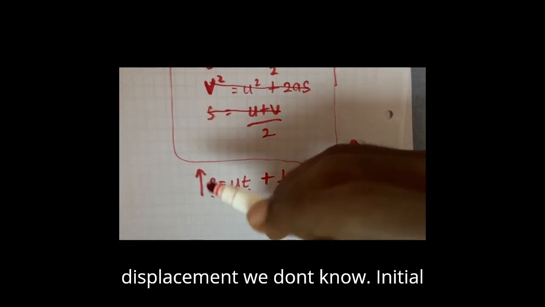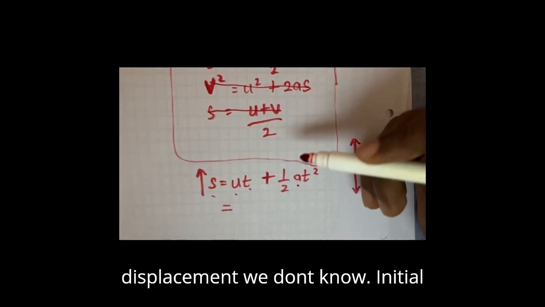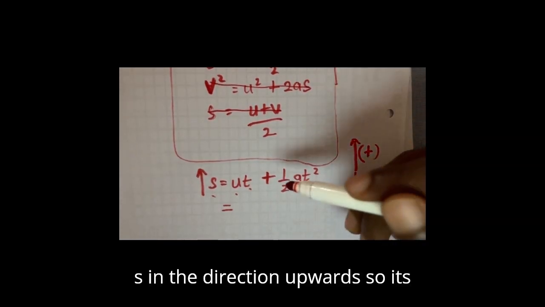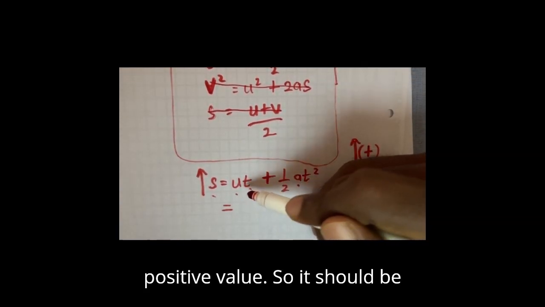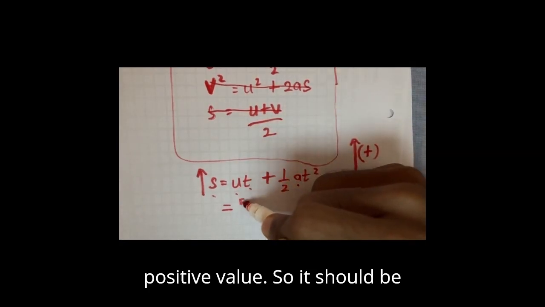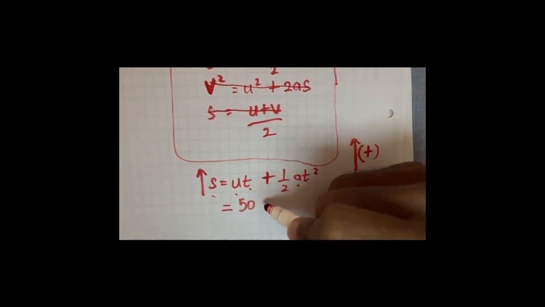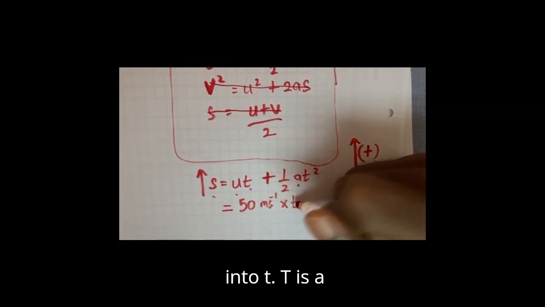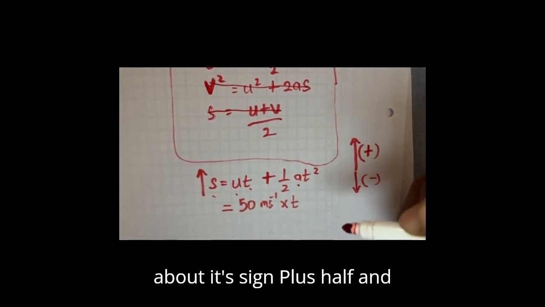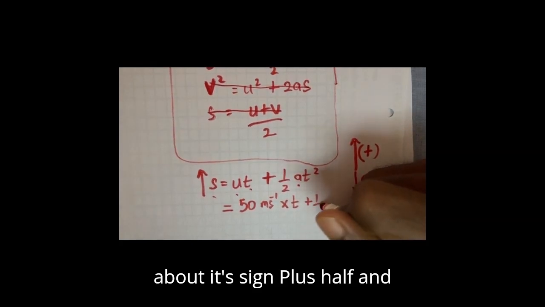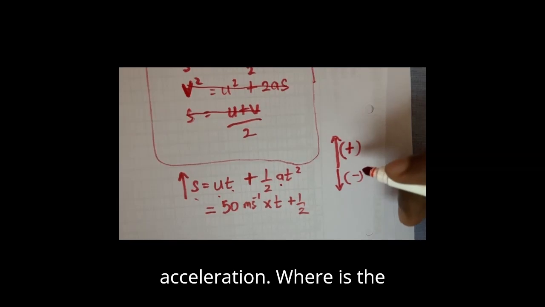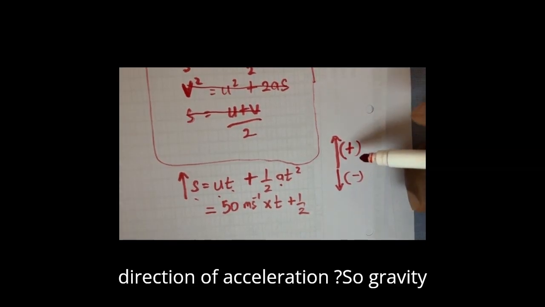So displacement we don't know. Initial velocity is in the upward direction, so it's a positive value. So it should be 50 ms minus 1 into t. T is a scalar, so you don't have to worry about its sign. Plus half, and here it's an important factor, acceleration. Where is the direction of acceleration?